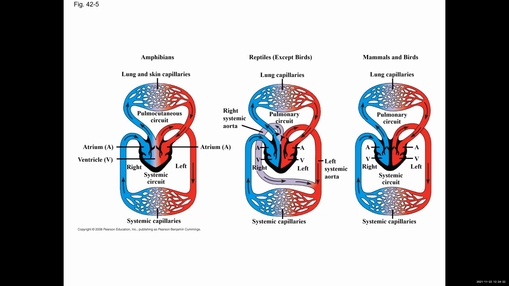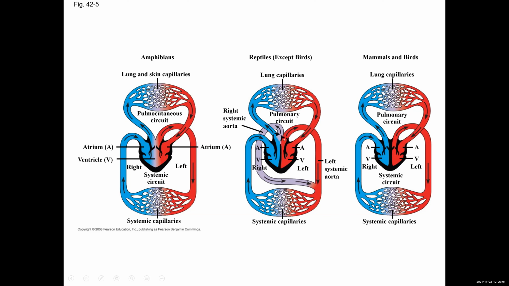All right, when we go from having a 3-chambered heart to a 4-chambered heart, we have a complete separation between the left and the right ventricles. All right, so we have complete ability to keep that deoxygenated blood, all of it going straight to the lungs, and the oxygenated blood, all of it going straight to the body without this mixing.